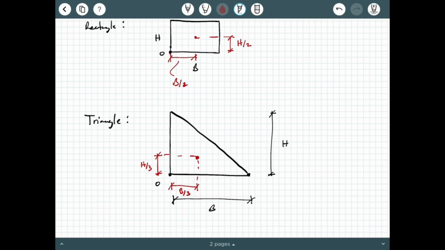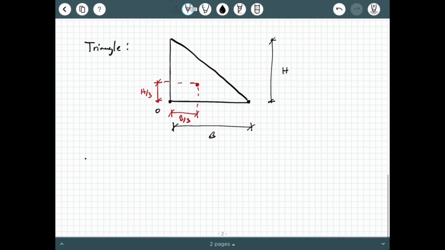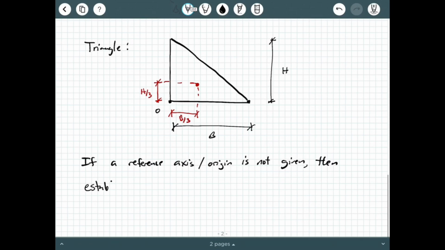And then it's 2/3 from the point, in both directions. So the last piece we have to remember is if a reference axis or origin is not given, then establish one.